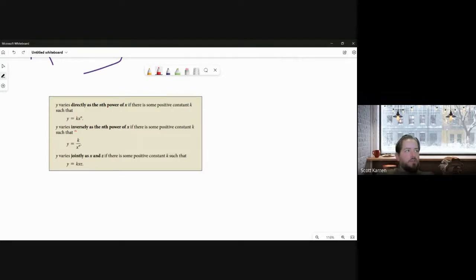If it varies inversely with the nth power, you would get simply that x to the nth power in the denominator. And then you might have a joint relationship. If it varies jointly with, say, x and z, then there's some proportionality constant multiplied by both x and z, right? There are some examples in the book. Throw it open to page 151 if you want to see those, but they're not a lot different than the ones that we've just done.